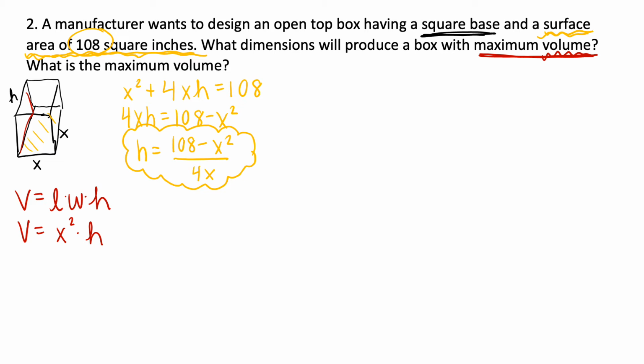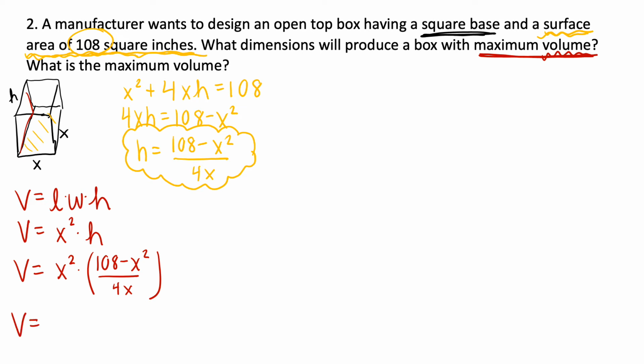Once we have that, we can go ahead and replace it in our volume equation. So we have volume equals x squared times (108 minus x squared) over 4x. I'm going to rewrite this so it's a little bit easier for me to visualize. Let's take this 4x out to the front.